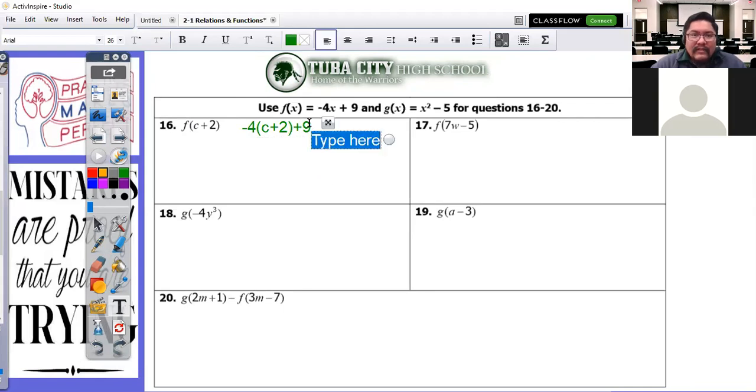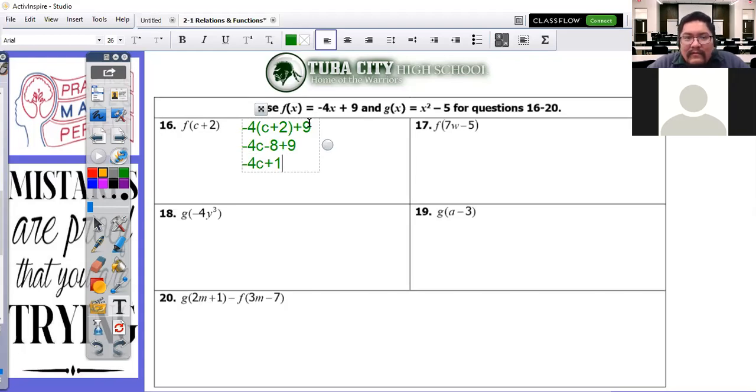I'm gonna use the distributive property. So I get negative 4c, and then minus 8. And since I used the distributive property, the parentheses will be gone. So I'm going to put the plus 9 there and combine my like terms. Negative 8 and 9 are like terms, which do not combine with c.